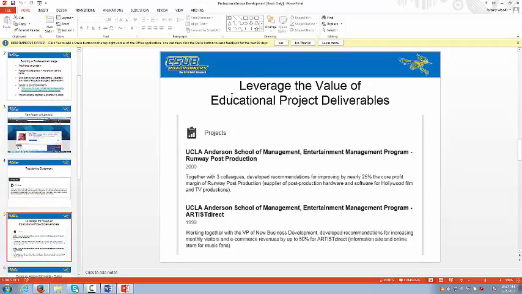Leveraging the value of educational projects. So when I was at UCLA doing my MBA, we had to do, similarly to what you guys have to do for your case analysis in this class, a little bit different, we had to go out and find a company in the LA community and do a consulting project for them. That was our assignment for our capstone course.